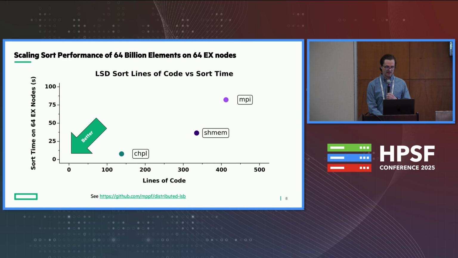Like I was saying, we're proud of that sort being pretty small in Chapel, but it's also actually faster than what I was able to implement in OpenSHMEM and MPI. So if you're interested in these distributed memory programming models and you want to play and be in some of my charts, this is also an open source thing where you can add another implementation.